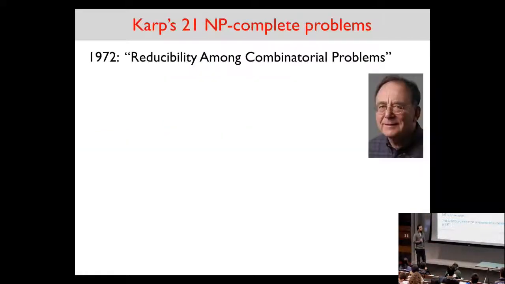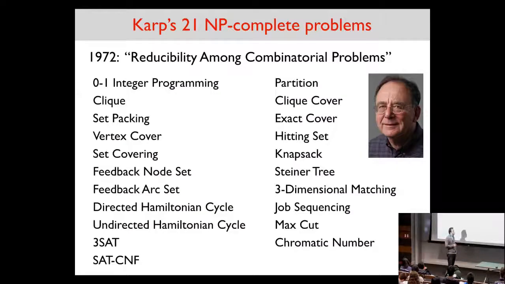And then right after, in 1972, Richard Karp published a paper, Reducibility Among Combinatorial Problems, and he presented 21 other problems that are NP-complete.